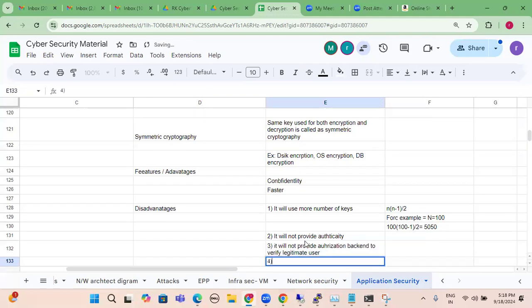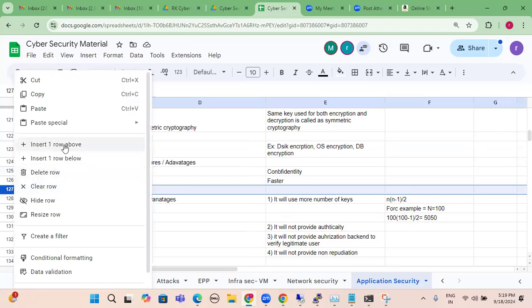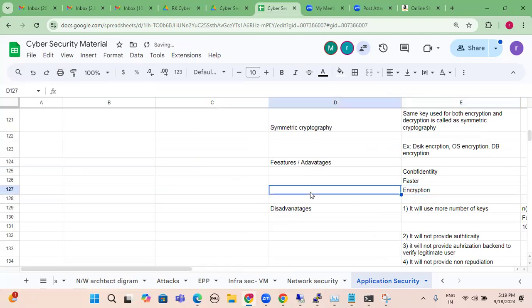In the similar way, it will not provide non-repudiation as well. It will provide encryption, which we already discussed under confidentiality. So that is about symmetric.